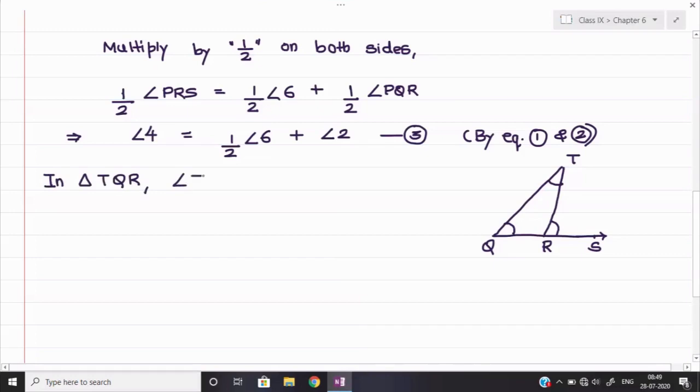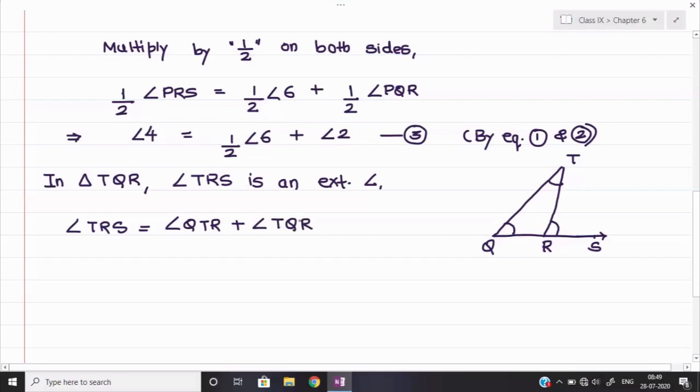Angle TRS. So I will write down angle TRS is an exterior angle. Okay, then we can say that angle TRS, I will write down the same equation right now, then later we shall convert into some other name. So angle TRS will be equal to angle QTR plus angle TQR.